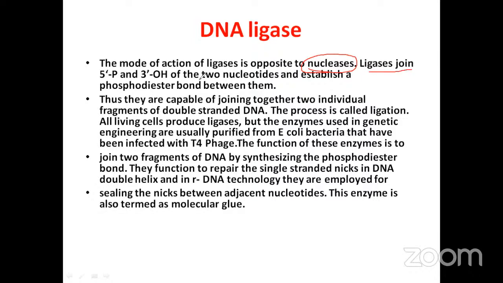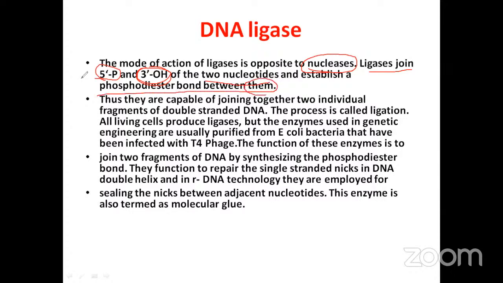The ligase joins the 5 prime phosphate to the 3 prime hydroxy group. Already we have discussed this in the cell biology topic. The 5 prime phosphoric acid and 3 prime hydroxy group of these two nucleotide ends establish a phosphodiester bond between them.